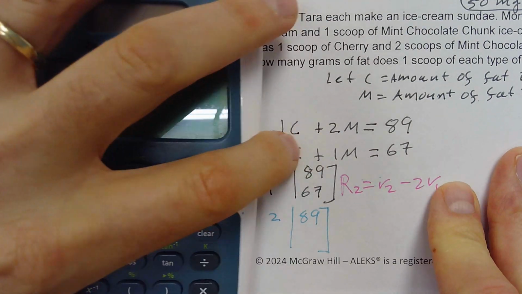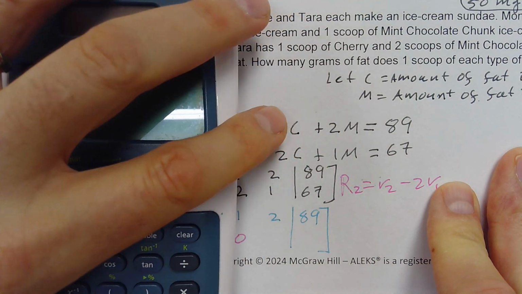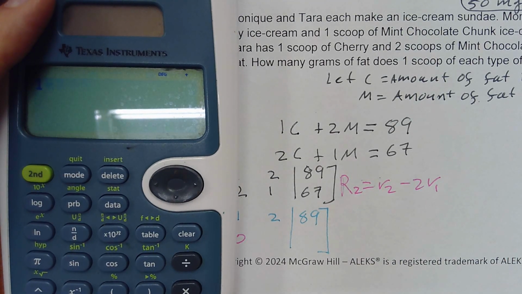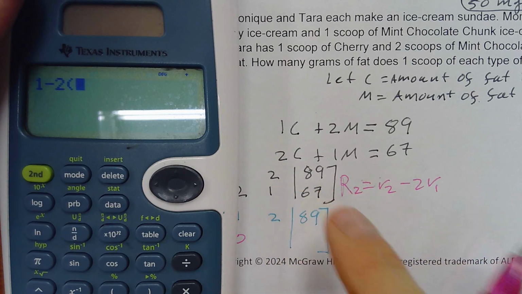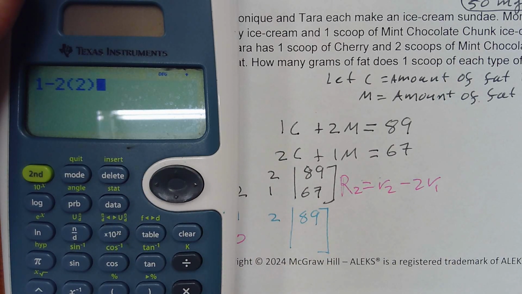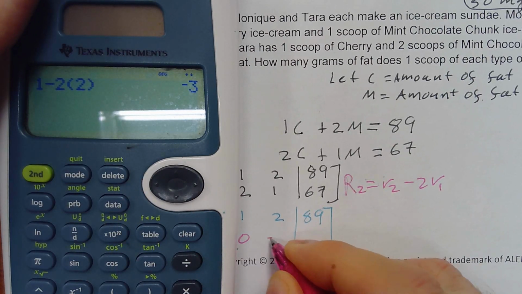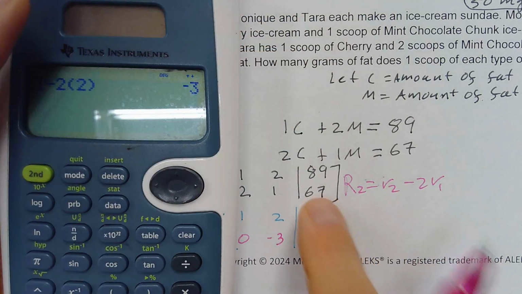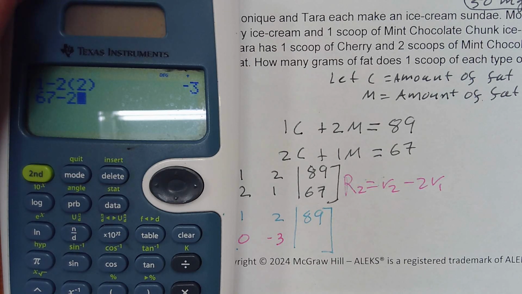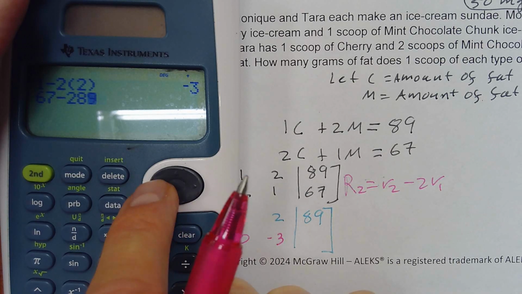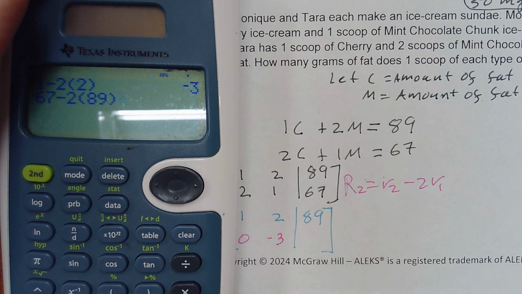Okay, so now I'm taking my entry in row number 2, which was a 1, minus 2 times the entry up here, 2. So that's a negative 3. And then I'm taking this 67 minus 2 times my 89. It's negative 111.